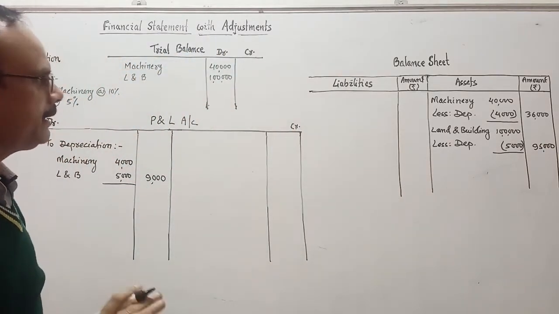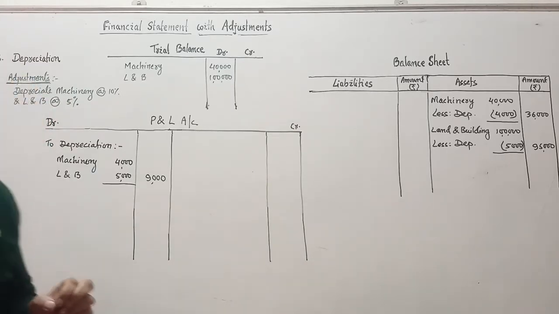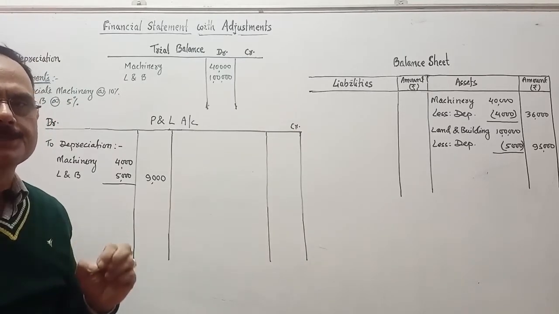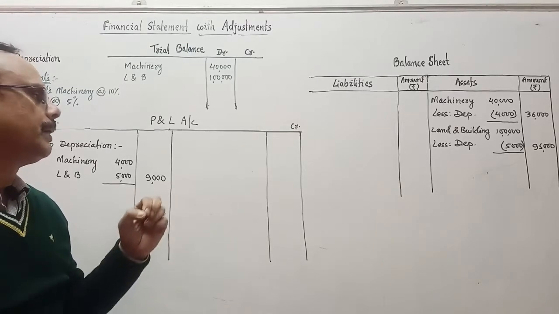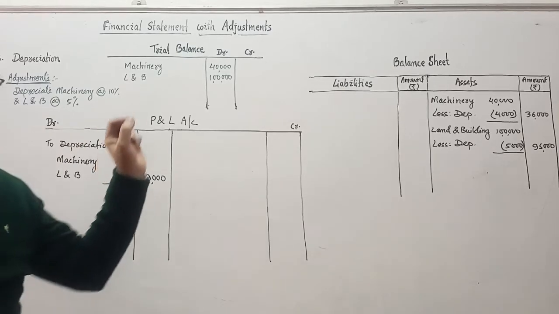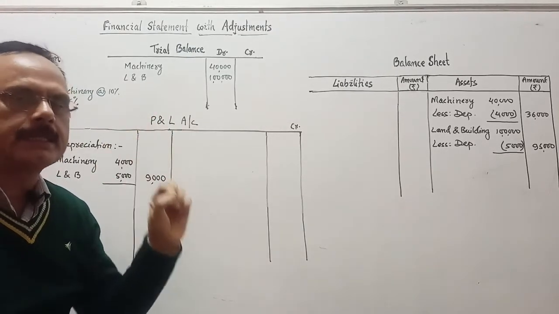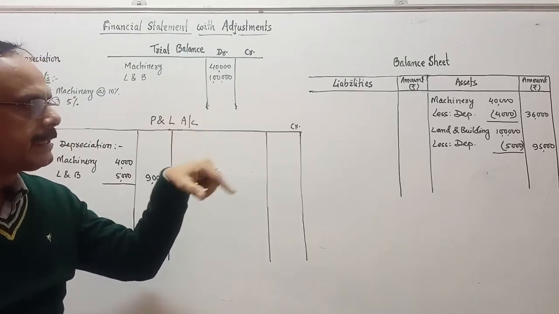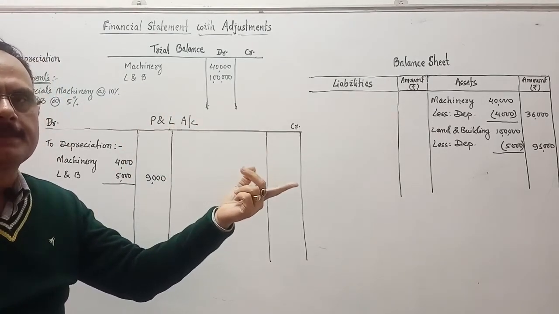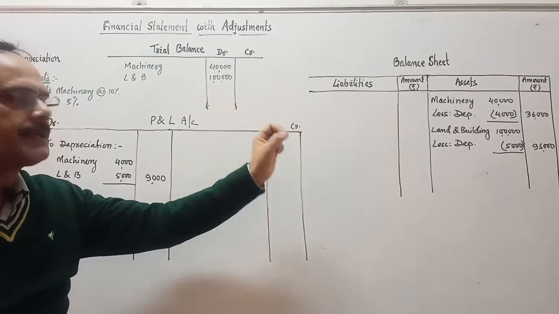Okay, is it clear? If information regarding depreciation is given in the adjustment, we write the depreciation on the debit side of the profit and loss account, and in the balance sheet we deduct the depreciation from that particular asset and write the net figure in the outer column to reflect the true financial position.